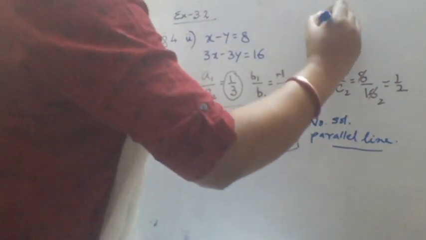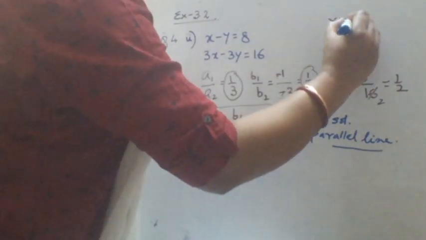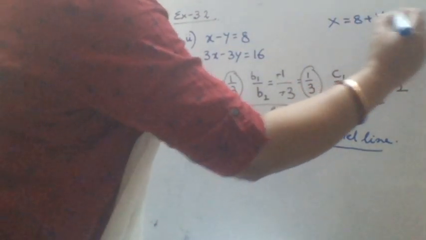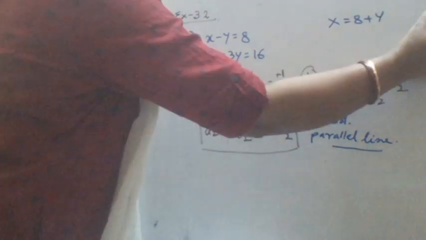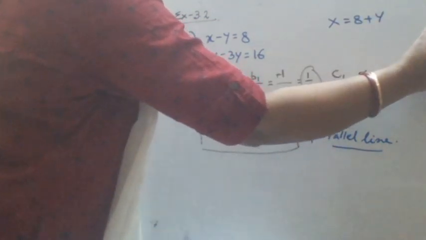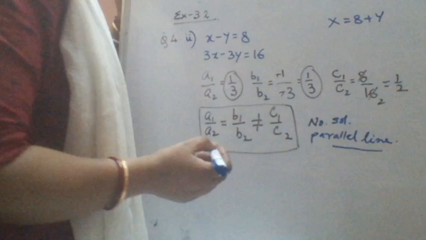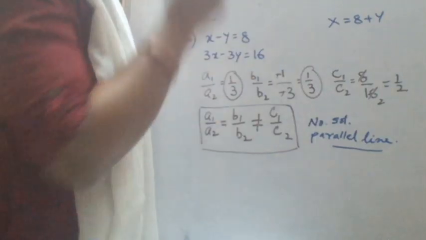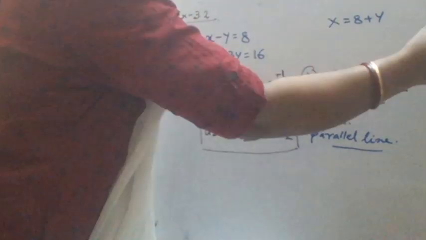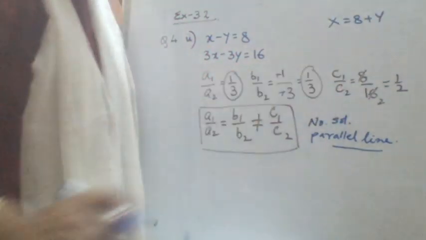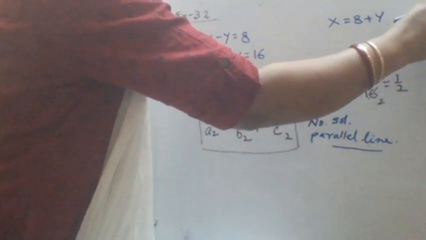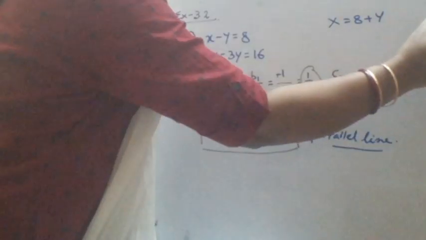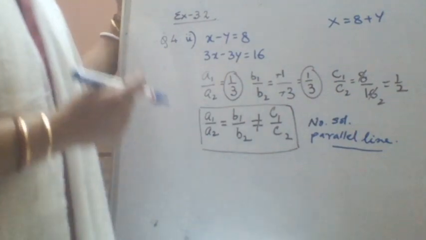So from the first equation, we can write x is equal to 8 plus y. So we prepare our table, x and y. For x equal to 0, y equal to 8. Sorry, I have written it wrong. If y is equal to 0, x is equal to 8. Fine.